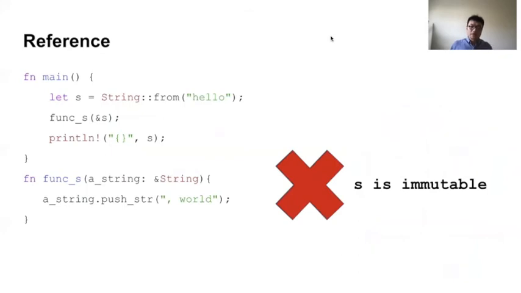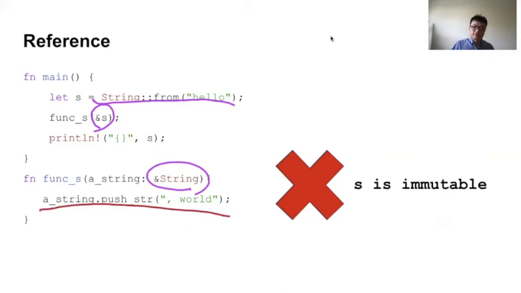Here's the thing we cannot do with this reference. Why? Yes, you can pass a reference. This is a string, you have a reference, the address of s, and this is the address of the string. But why is this not valid? The reason is that, remember, by default the variable is immutable.